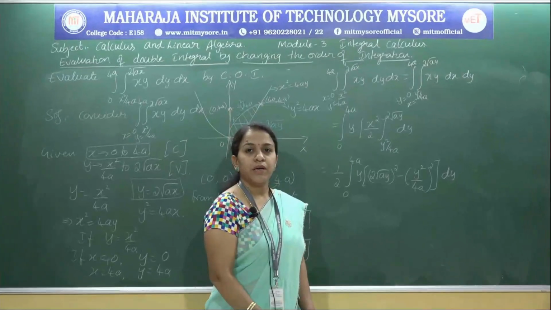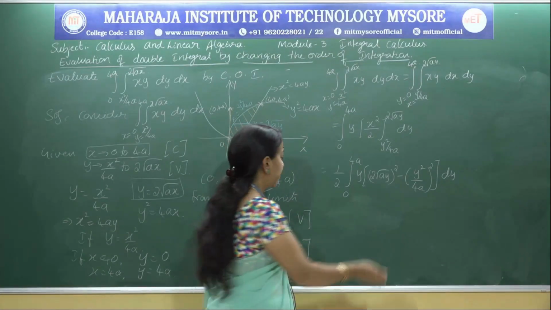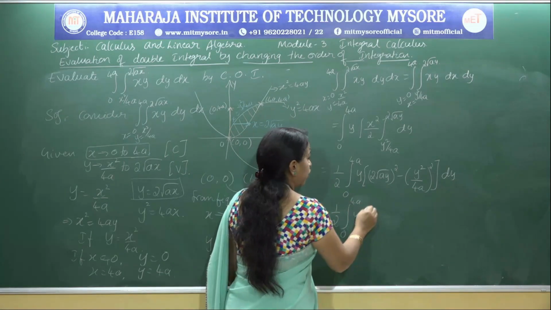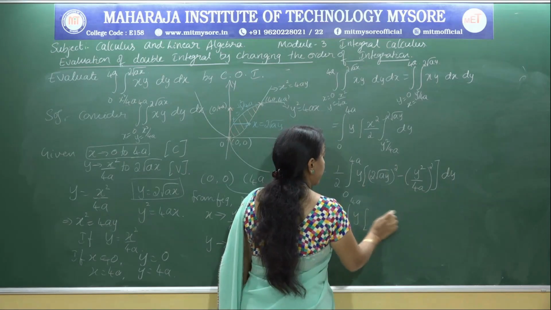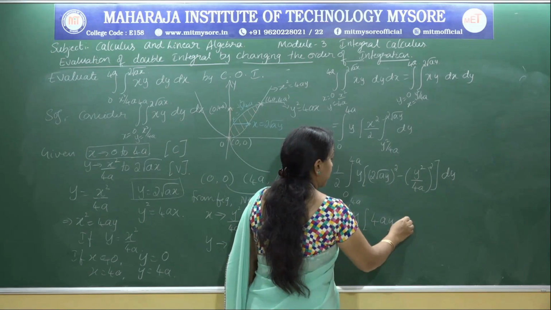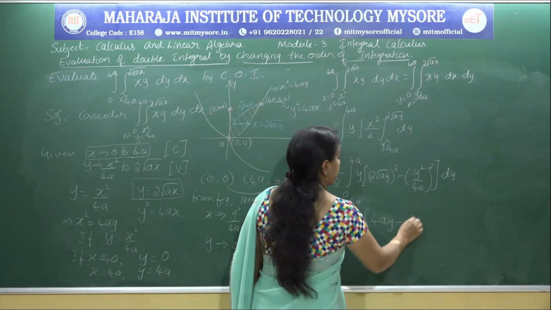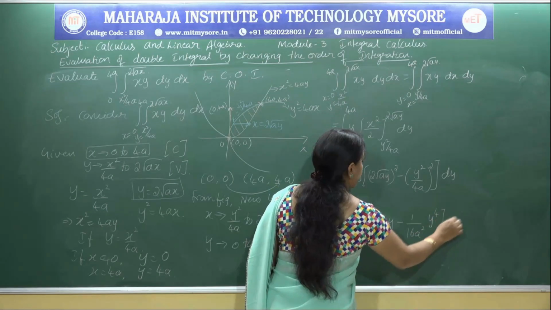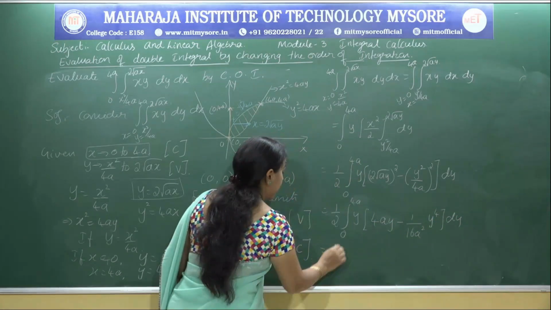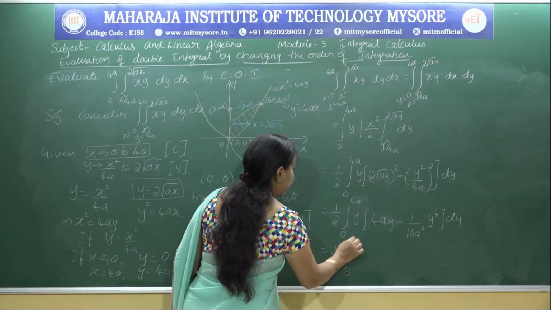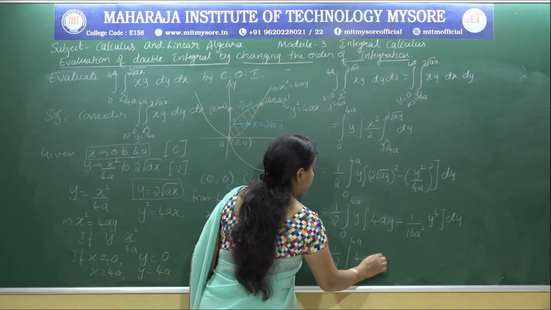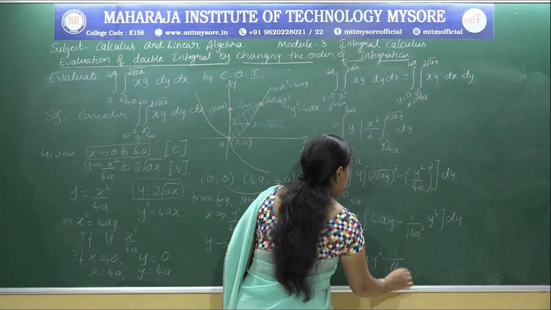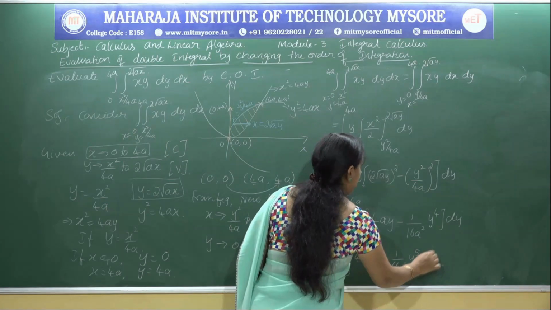Now simplify before integrating with respect to y: 1 by 2 times integral 0 to 4a, y into 4ay minus 1 by 16a square into y to the power of 4, dy. If I multiply by y, 1 by 2 times integral 0 to 4a of 4a y square minus 1 by 16a square into y to the power of 5, dy.